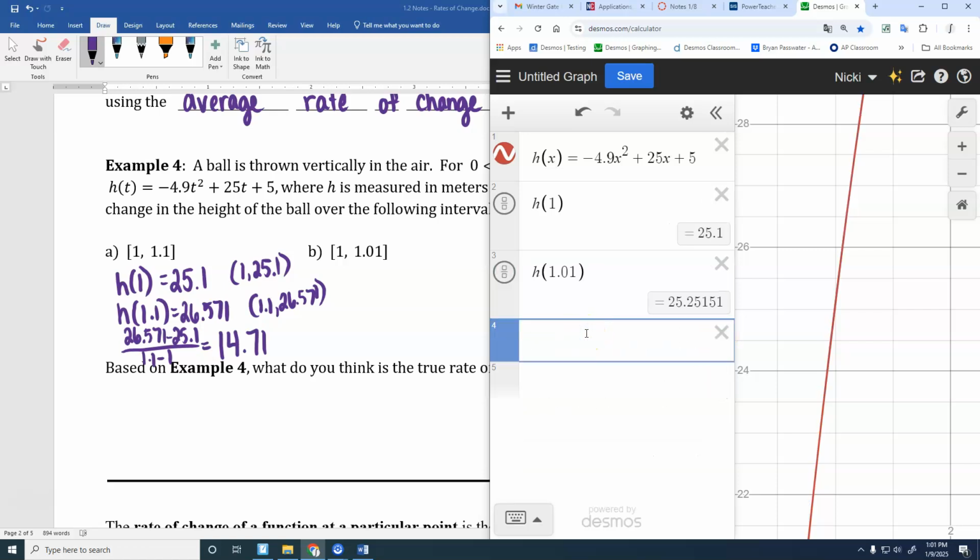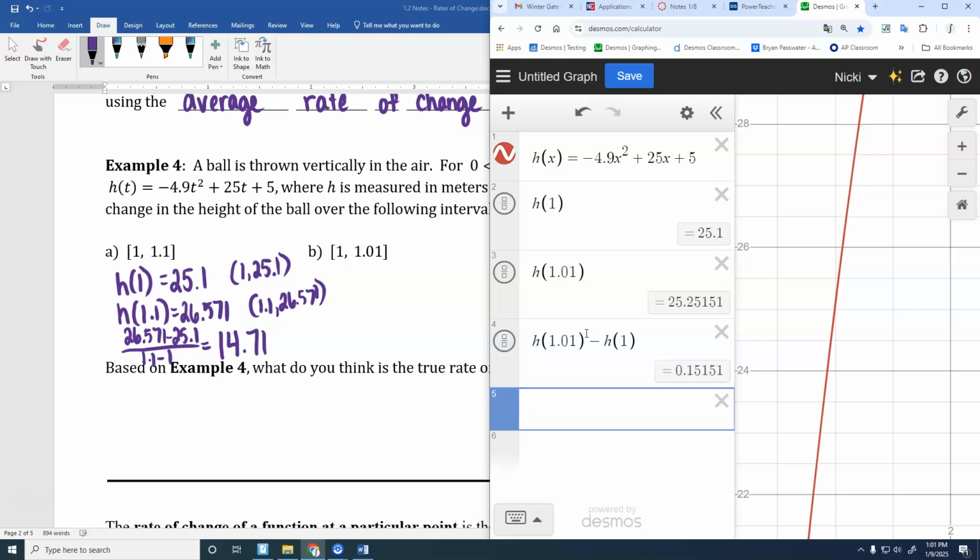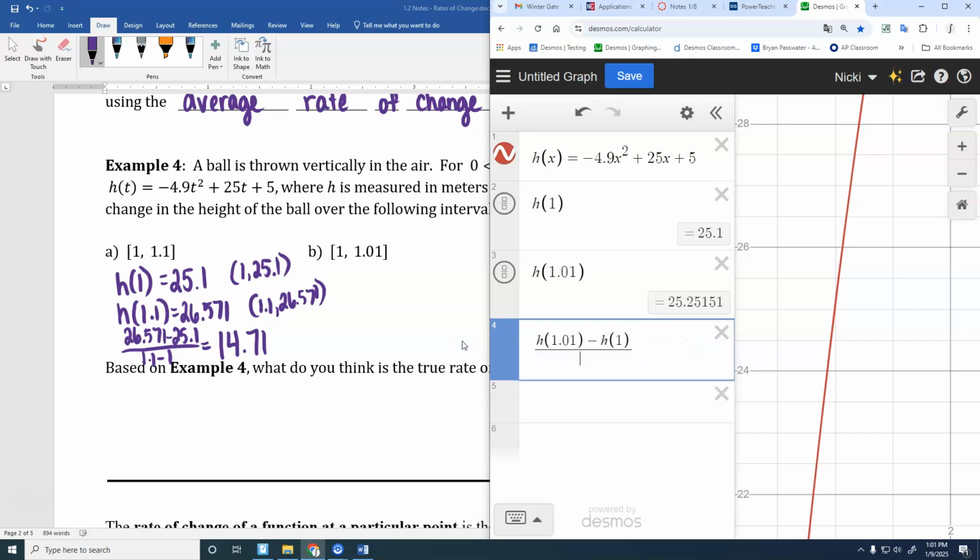You could even do this. Instead of doing like 25.251 minus 25.1, you could do H of 1.01 minus H of 1 over 1.01 minus 1, like that.